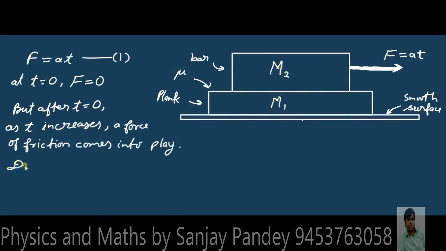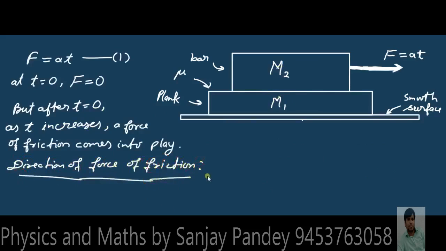Direction of force of friction. If we assume the contact surface between bar and plank perfectly smooth, we find that m2 moves in the direction of F relative to m1.